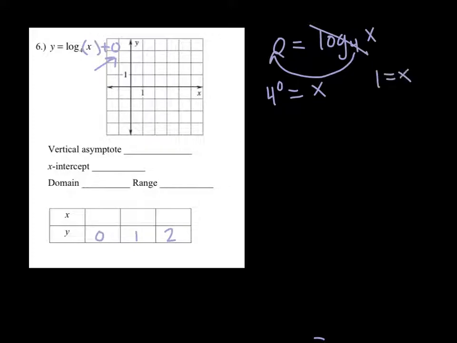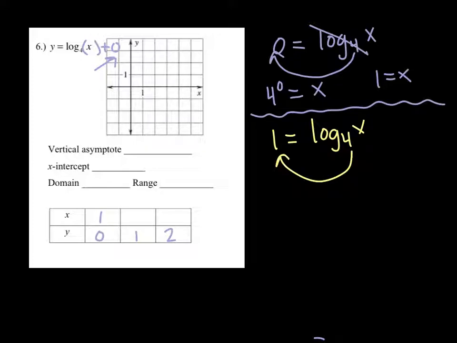So 1 equals x. I like to do my table first, and then once my table is done, plug in my points. So let's do 1 now. So 1 equals log base 4 of x. 4 to the first, logs gone, equals x. So 4 equals x.